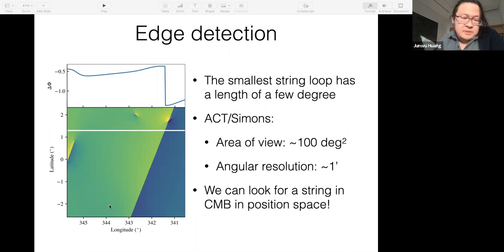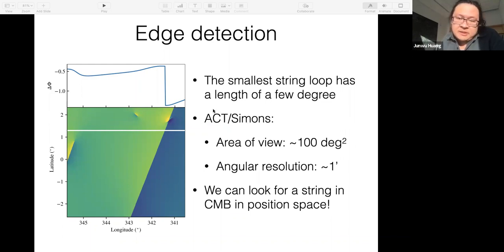The experiments we have since maybe 10, 20 years ago are the ACT experiment or SPT, which are ground-based detectors with very good angular resolution, and also future experiments like Simons Observatory, which will improve on that.